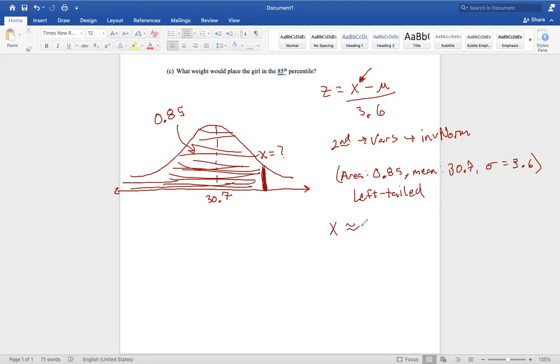If you paste in 0.85, the mean of 30.7, and the standard deviation of 3.6, we should all get the same things if you're working along with me here. It looks like the weight that puts the girl in the 85th percentile would be pretty close to 34.4 pounds. Again, you would get the same result if you went through table A, but calculators can just save you some time on problems like this.